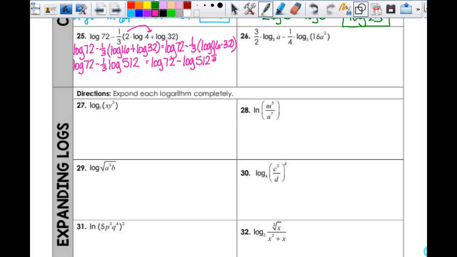So remember, if you don't know your perfect cubes, or you're not sure if it's a perfect cube, then you can do this the same way you do square roots, whether you did the birthday cake or whatever. I know two numbers that multiply to give me 512 are 16 and 32.